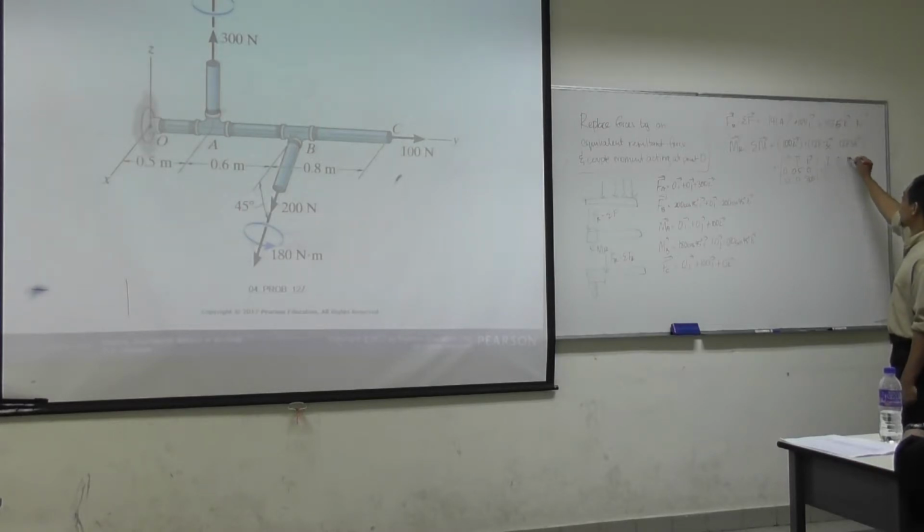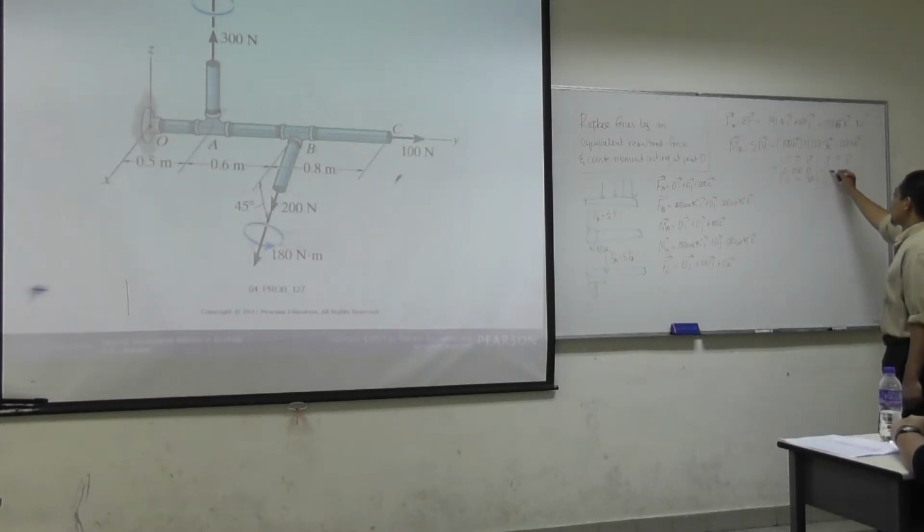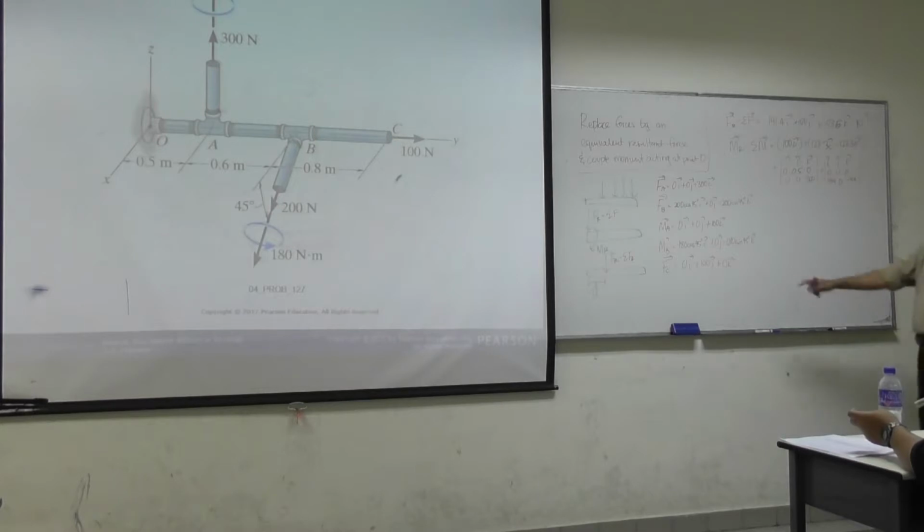I, J, K. What's R for FB? 0, 1.1, 0, and then FB is... if you want to show for this one, what will we have here?